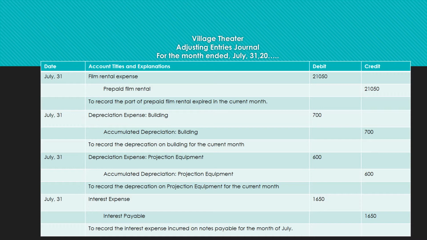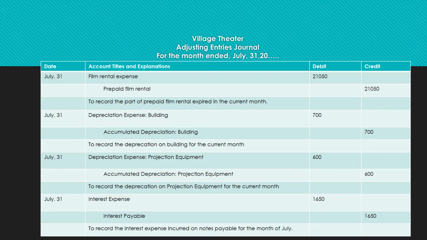Adjusting entry C. The projection equipment is being depreciated over 5 years, 60 months. The process is the same, whether it is building, machinery or office equipment. In the same way we will charge depreciation on projection equipment. The cost of the projection equipment is 36,000 and the estimated useful life is 5 years or 60 months.